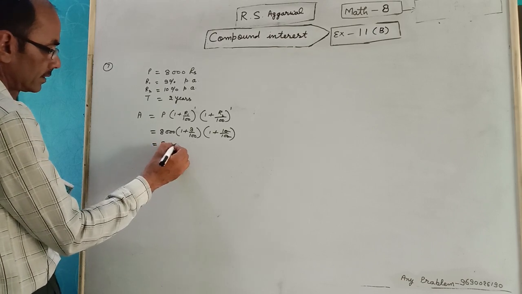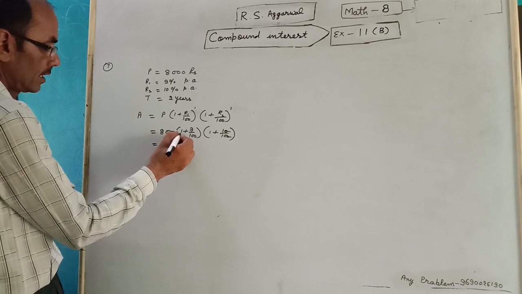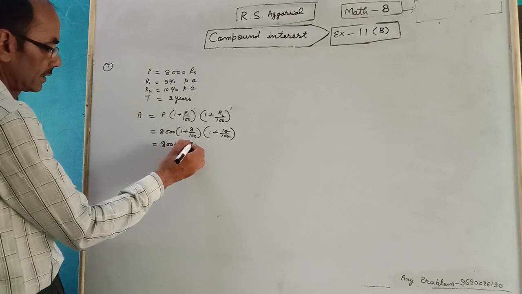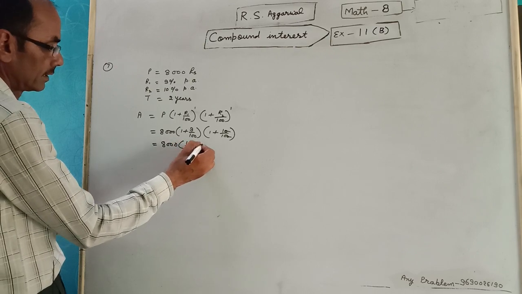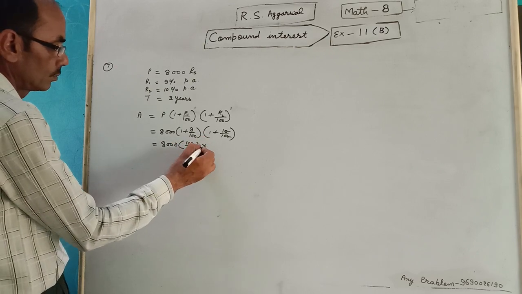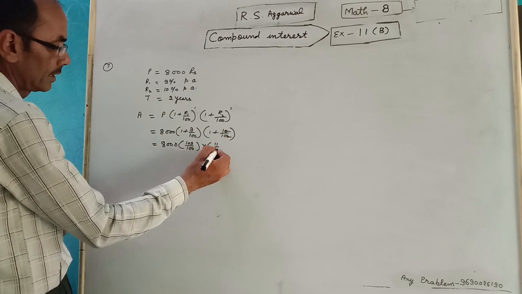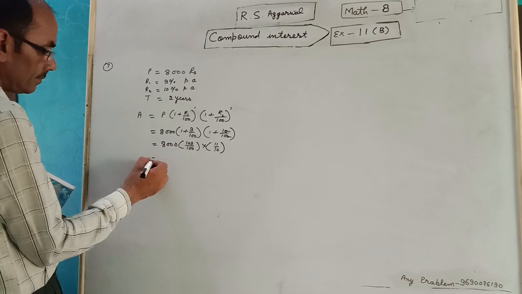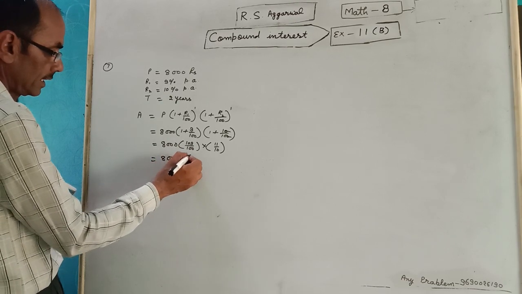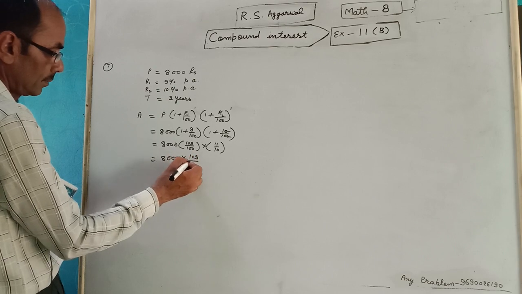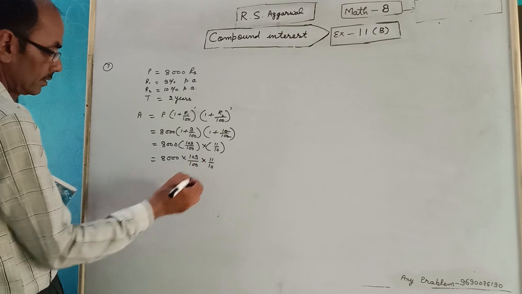8,000, 100 plus 9 is 109 upon 100, and 1 plus 10 upon 100 is 11 upon 10. Remove the bracket: 8,000 upon 100 into 11 upon 10.